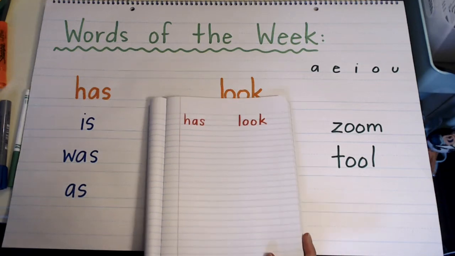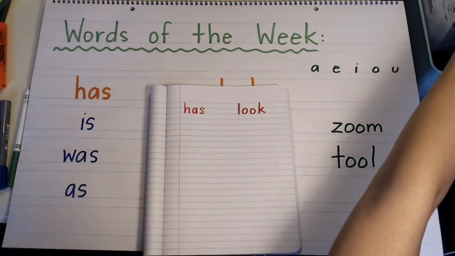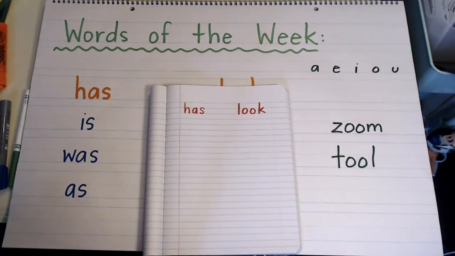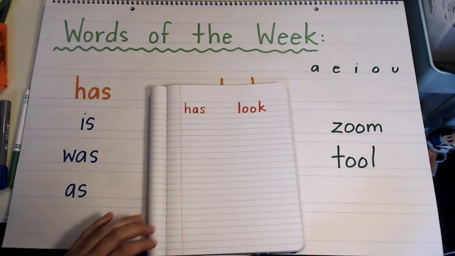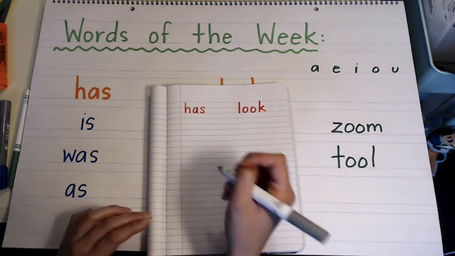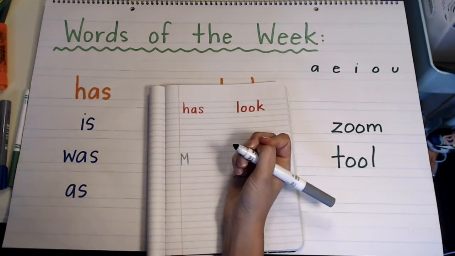And then after you do that, you can think of a sentence that uses the word has and a sentence that uses the word look. So I'm going to say, My sister has a cat. So I'm going to start my sentence with a capital letter.